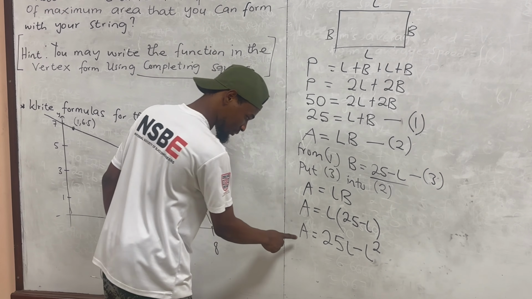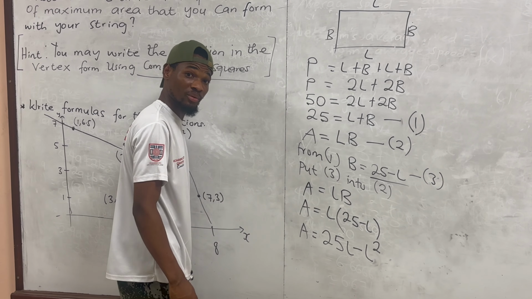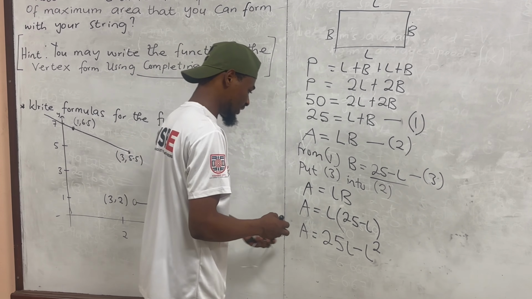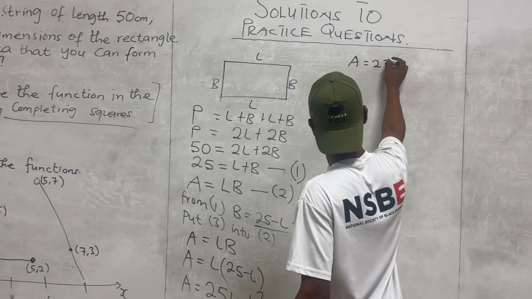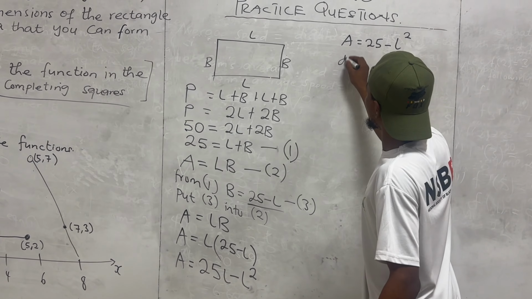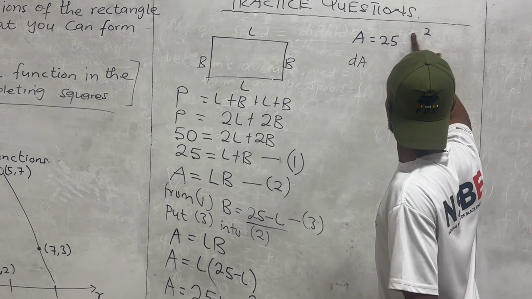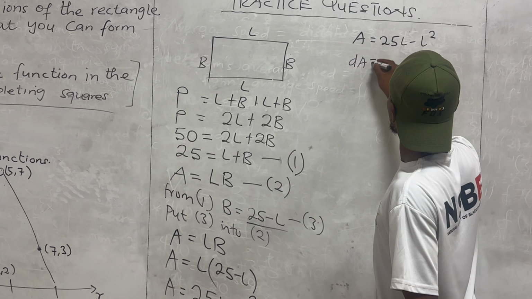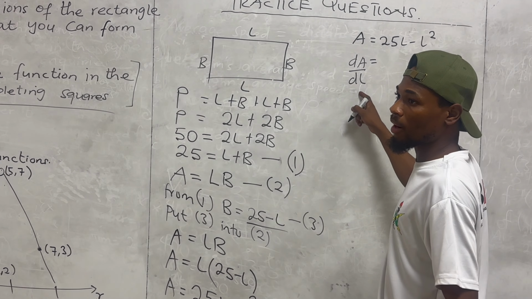So now I will differentiate the area with respect to L, where A is equal to 25L minus L squared.